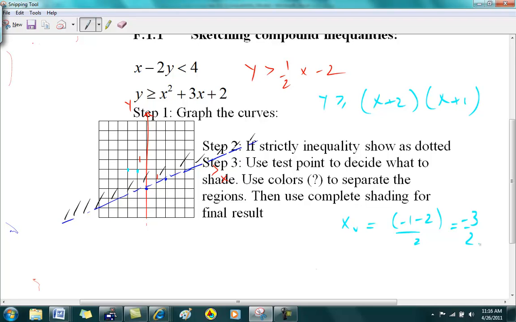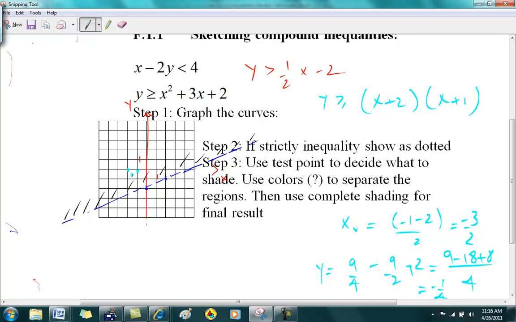If I plug that into the quadratic equation, I get y equals 9/4 minus 9/2 plus 2. The common denominator is 4, so I get 9 minus 18 plus 8, which is -1/4. So the vertex is at -3/2, -1/4.